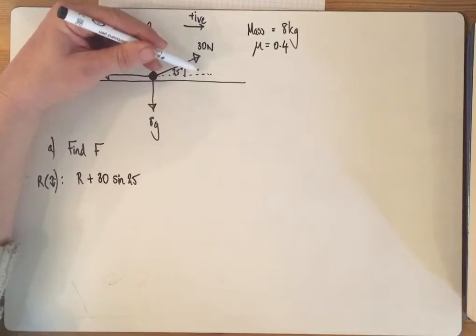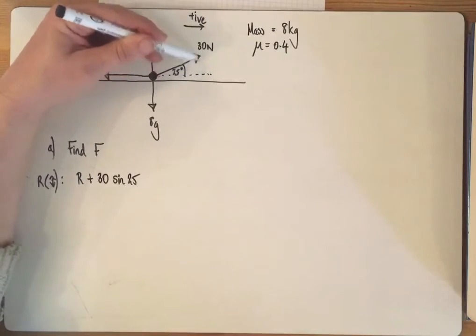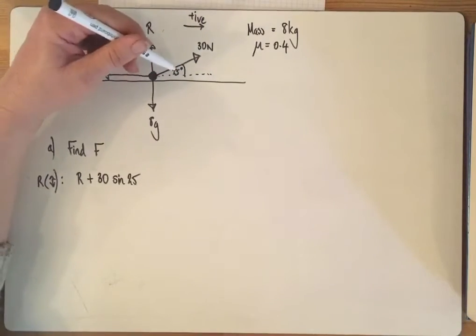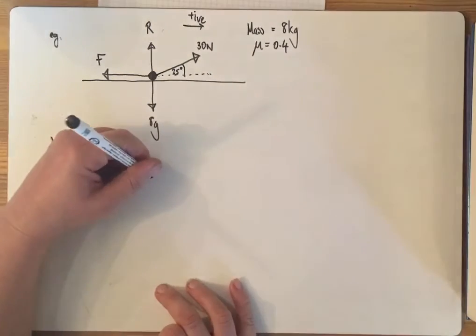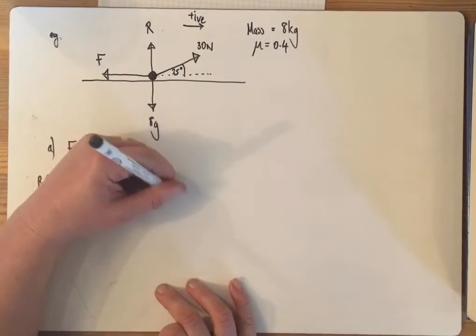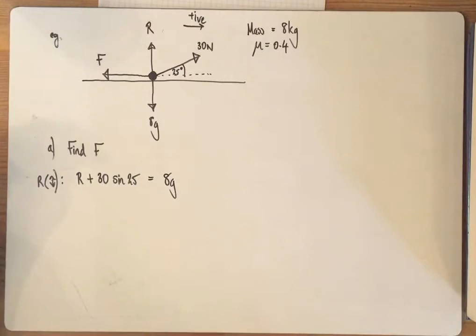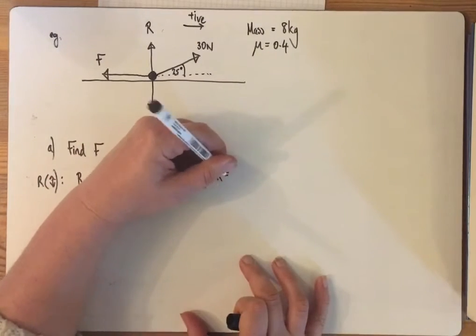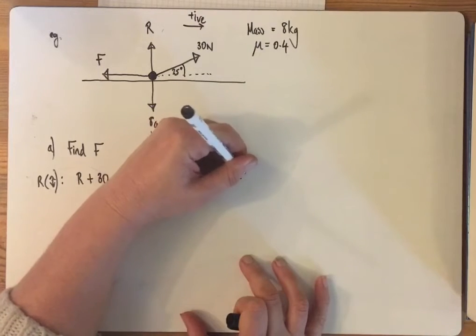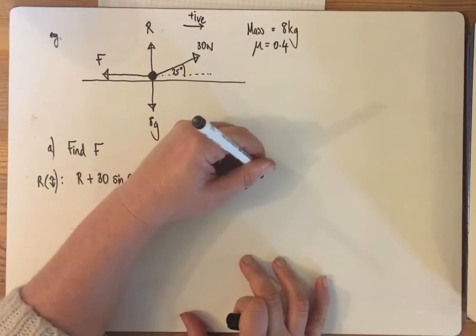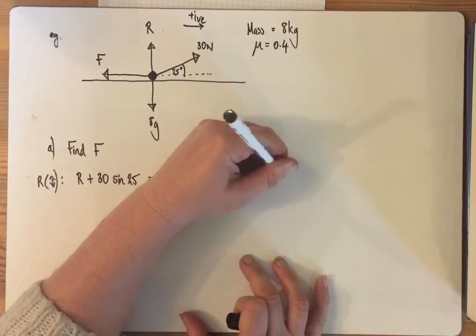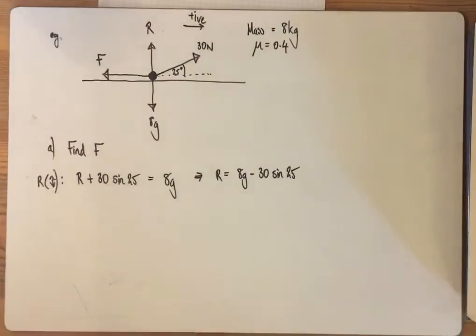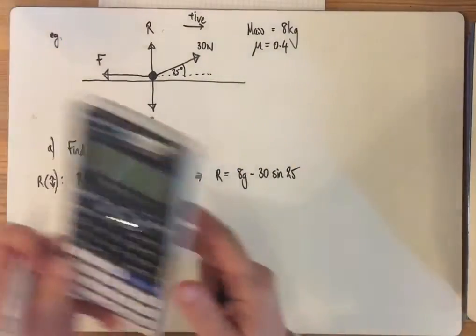So that gives you the opposite, which is your vertical component, opposite to the angle. And that is going to equal 8g acting down. And so R is equal to 8g minus 30 sine 25. You could put that into your calculator at this point.